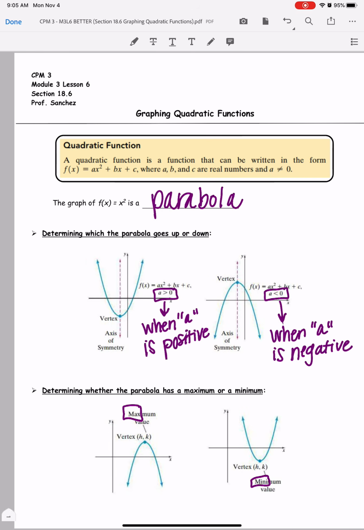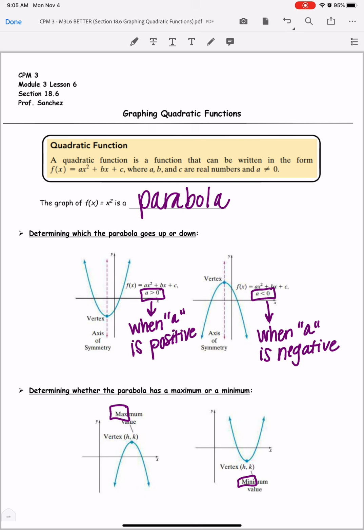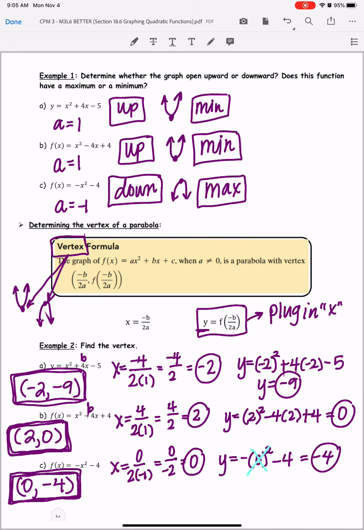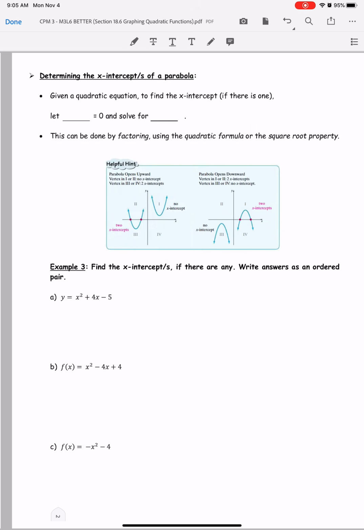Okay, let's just go back here and review. We've determined whether the parabola goes up or down by looking at A. If it goes up, it's got a min. If it goes down, it's got a max. We have found the vertex. Your vertex formula is -b over 2a. That gets you your x-coordinate. To get your y, we're just plugging that in.